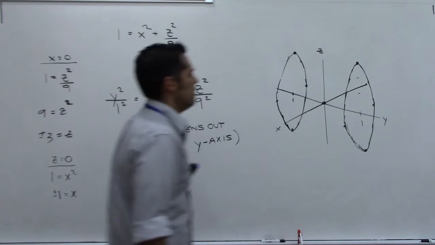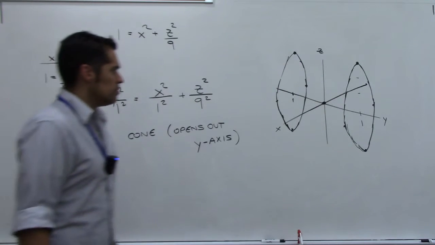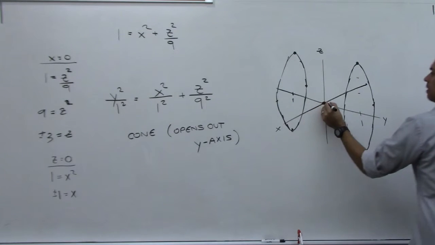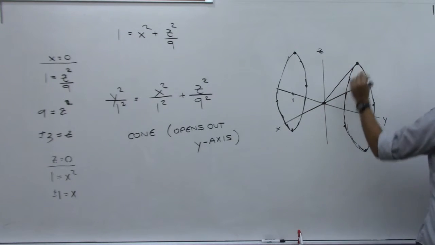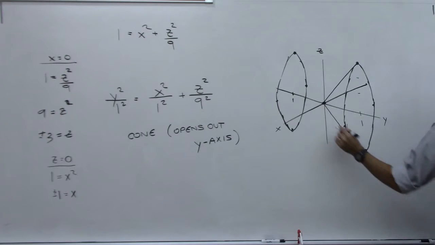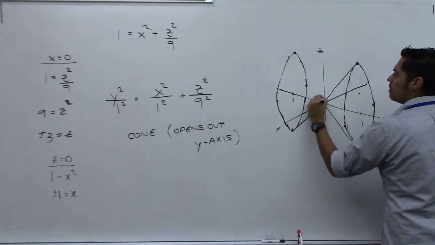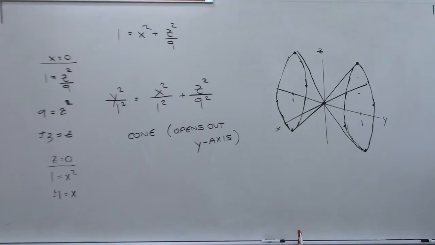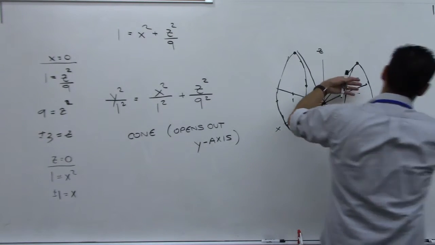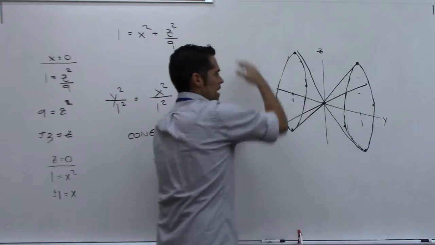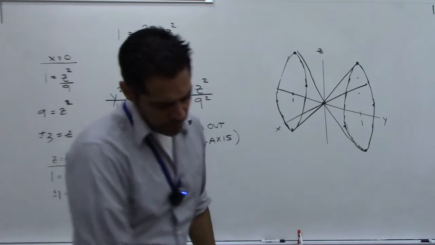And then I know it goes through the origin. So connect this, this, this, and that. Okay. So we got this cone. It's kind of hard to see this, but this cone that opens up out the y-axis and then out the z-axis. All right, let's do number 22.